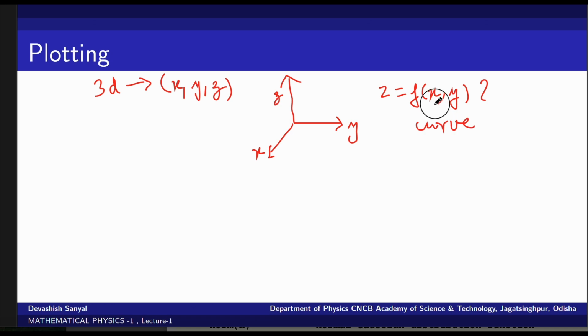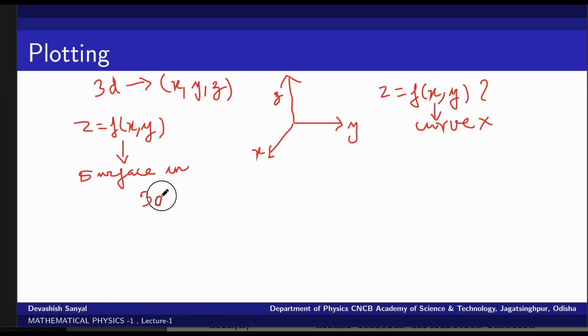No, it does not imply a curve. z is equal to f(x,y) implies a surface in 3 dimension, in 3D. We will do these examples in 3D.